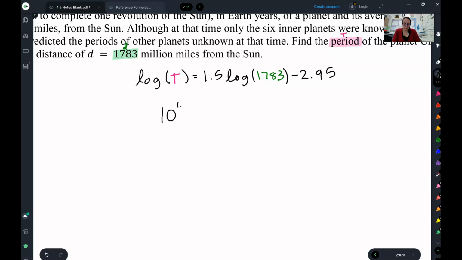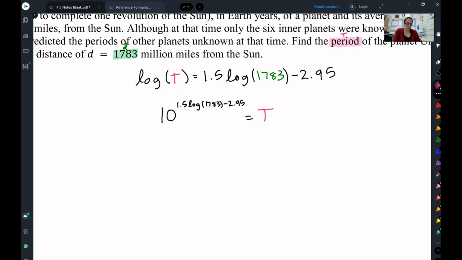So that becomes my input, and my t becomes my output. And right away, you already have t solved for.